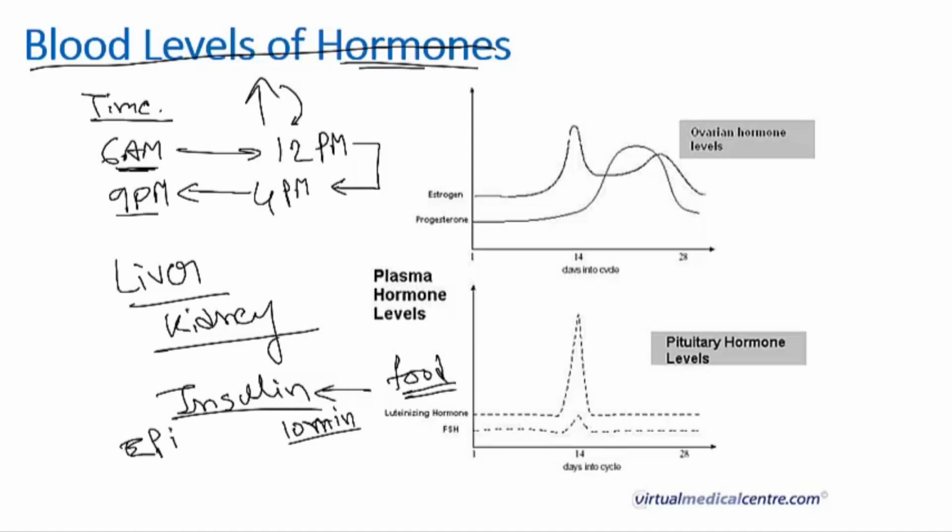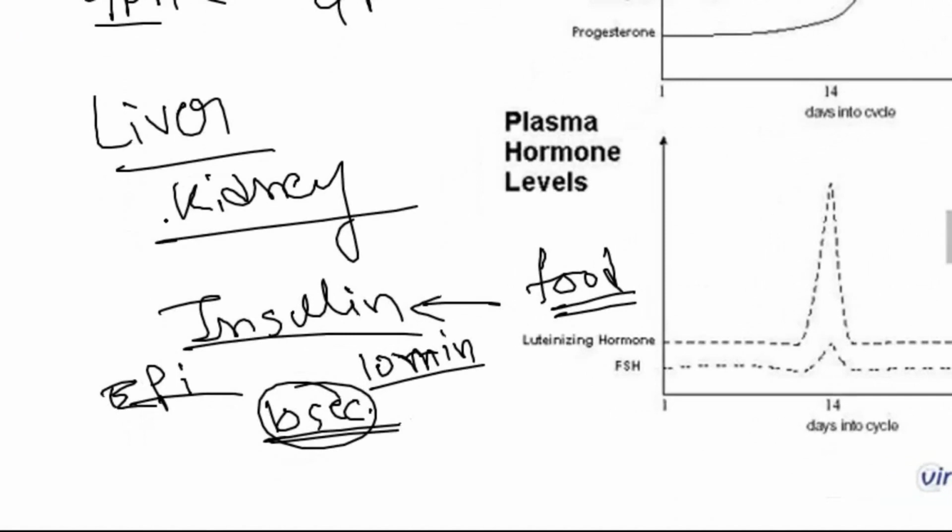Epinephrine also has a half-life of 10 seconds, so it is a very fast activating hormone. Epinephrine is called a fight or flight stimulating hormone. It is secreted when you are going through rapid stress and response. Let's say you're moving through a street and all of a sudden there is a car rushing directly at you, so you'll just freak out and move for a while, and that's it.